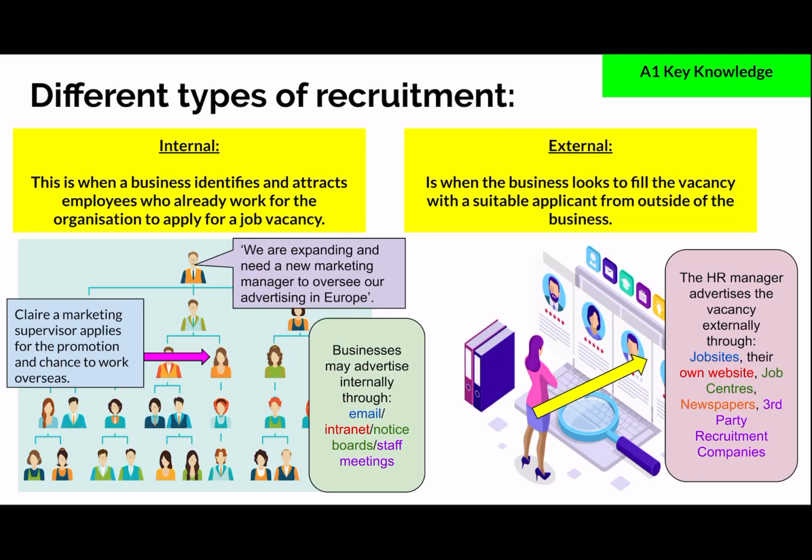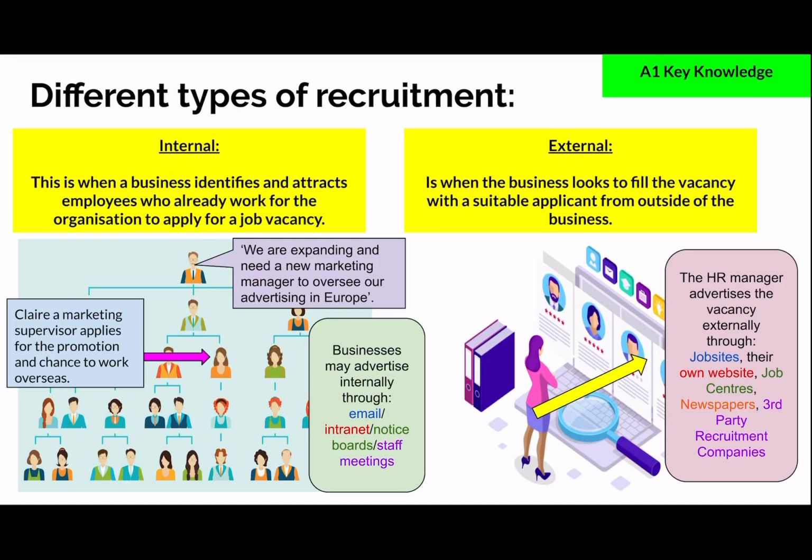However, if a business wants to have a much larger pool of candidates to choose from, they will choose to advertise externally. This is when the business looks to fill the vacancy with a suitable applicant from outside of the business. So the HR manager, the person in charge of human resources, may choose different ways in which they want to advertise that vacancy.